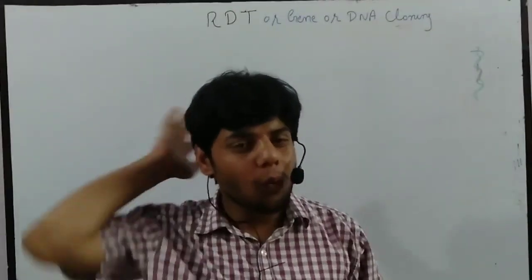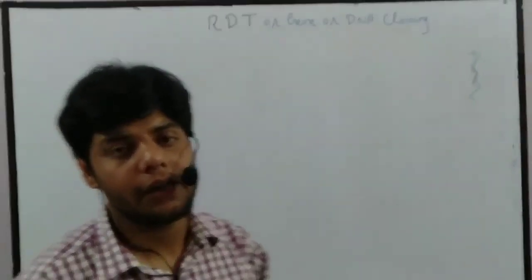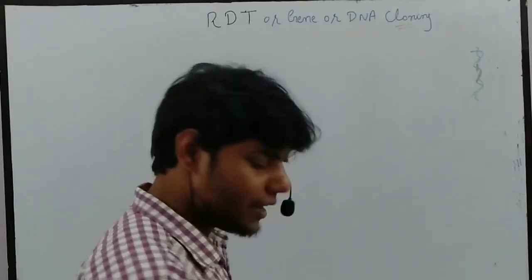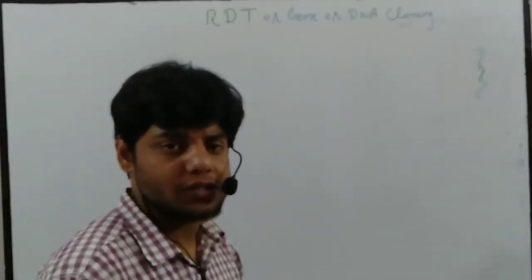Now, what do we need in recombinant DNA technology? We need different kinds of molecules or substances. Let me write each of them. We need target DNA, or genome. We also need enzymes.